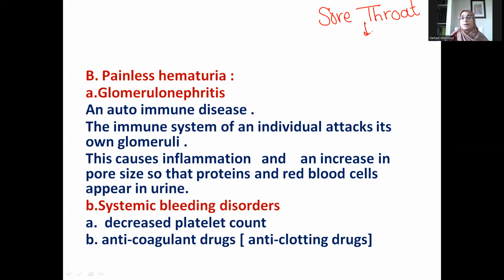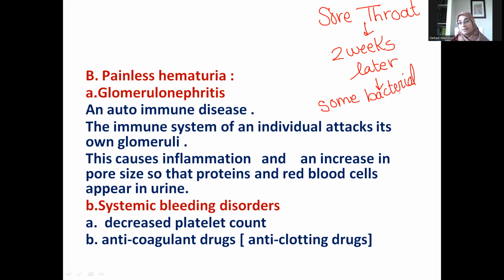And then about 2 weeks later, after the attack of sore throat subsides, not all parts of the bacterium have quit your body. What happens is that some bacterial molecules get attached to your kidney cells.